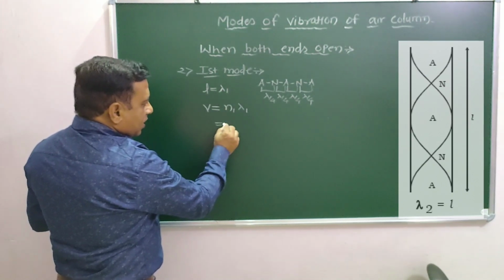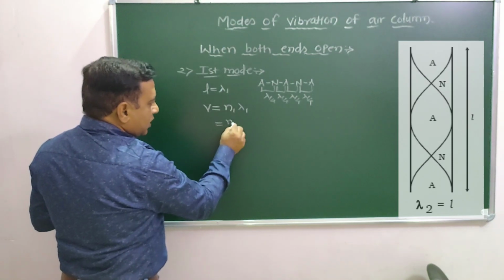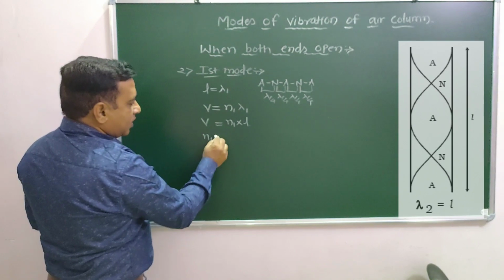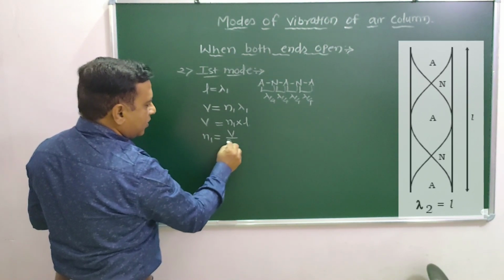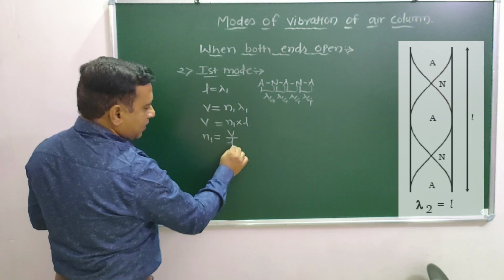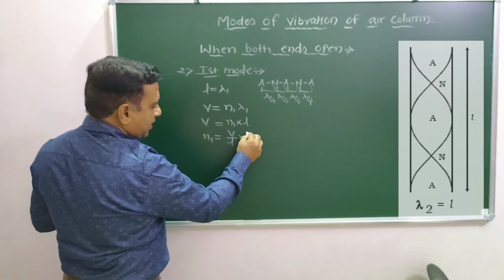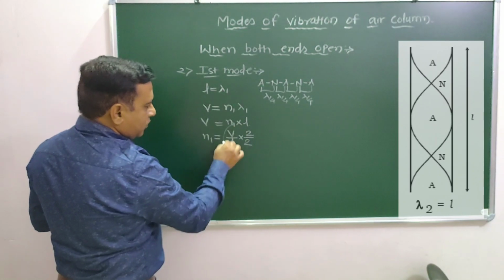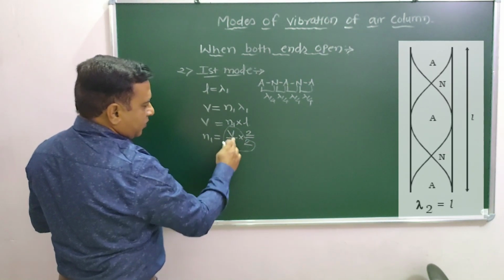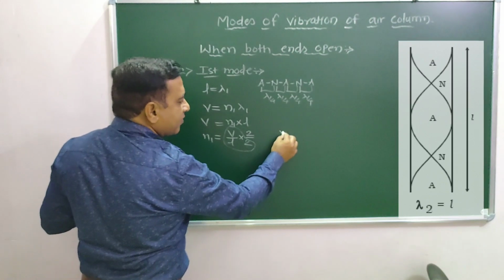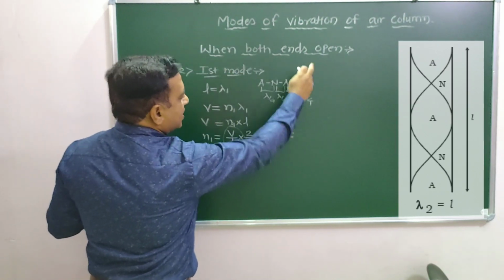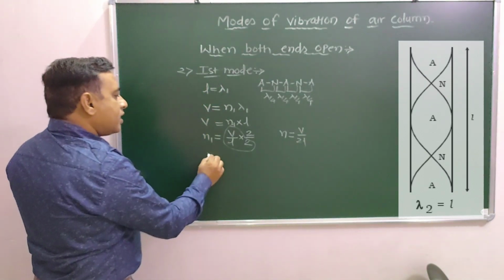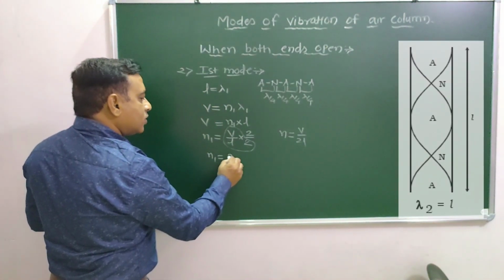So going to substitute value now, n1 into L. n1 is equal to V upon L. But here I am going to multiply 2 and divide it by 2. So V upon 2L, V upon 2L is nothing but your fundamental frequency when both ends are open. So N1 is equal to 2N.